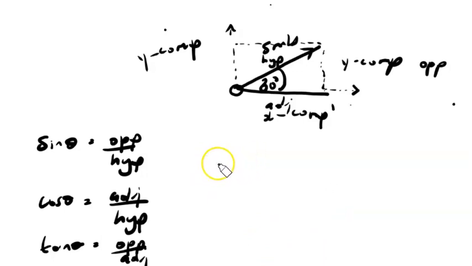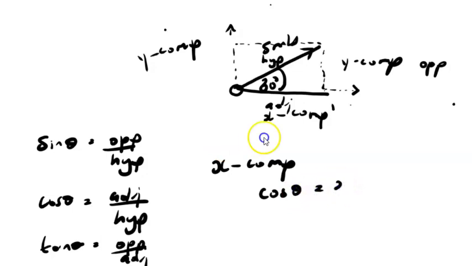So let's start with the x component. Looking here, your x component is your adjacent side, and we know the hypotenuse. Therefore, adjacent and hypotenuse is cos. So we'll end up with cos theta is equal to the adjacent side, which is your x component, over your hypotenuse.